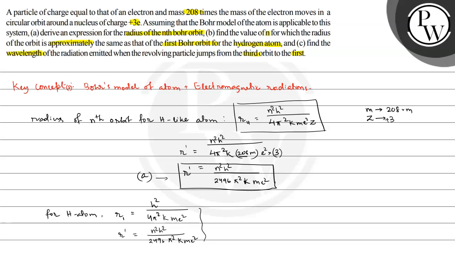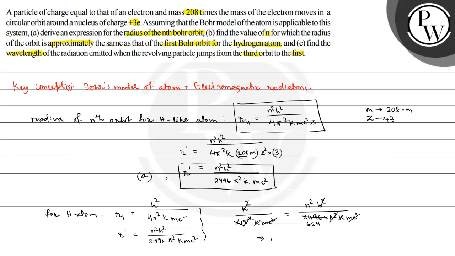Now we have to equate these two and see what the value of n comes out to be, so that we get both of them same. So h square divided by 4 pi square k m e square is equal to n square h square divided by 2496 multiplied by pi square k m e square. So here m square and m square cancel, k and k also cancel, and pi square are also cancelled. h square and h square are also cancelled. So 4 and 2496 can be cancelled, and we have over here 624.